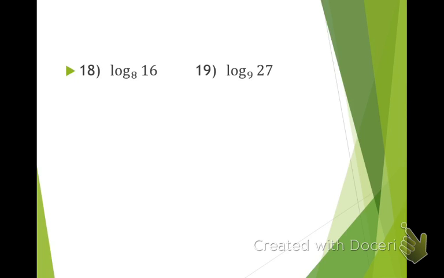All right, we're going to start setting these up the same way, but then these ones are going to take a little bit more brain power to complete. What is our base? 8. Exponent x equals 16. Okay, so this is a little different because we don't know some power that we could raise 8 to for it to equal 16.